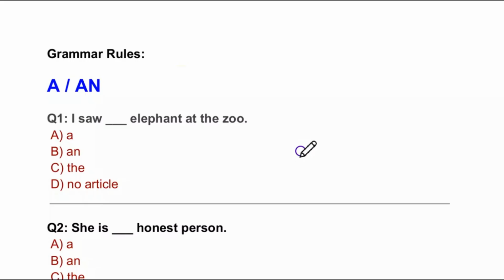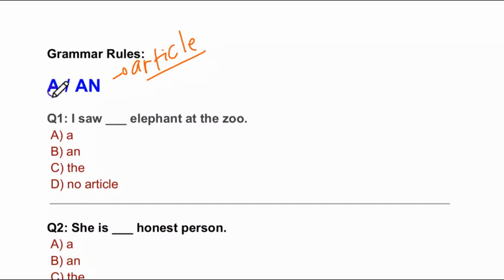Let's begin. Grammar rules: a and an. A or an are articles. They are indefinite articles.